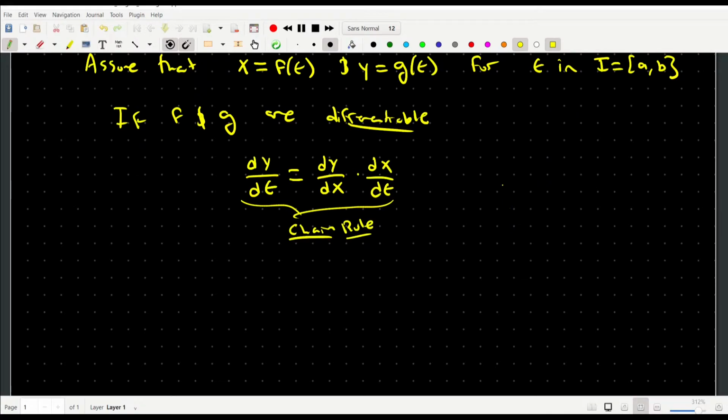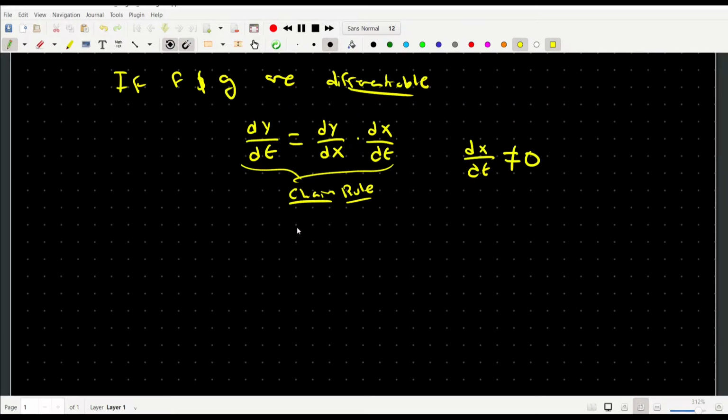And so long as dx/dt is not equal to 0, then we have that dy/dx must be equal to dy/dt over dx/dt.